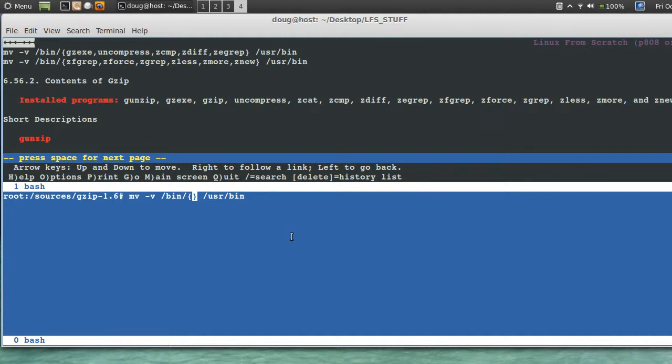Also have to move over zfgrep, zforce, zgrep, zless, zmore, znew to /usr/bin.